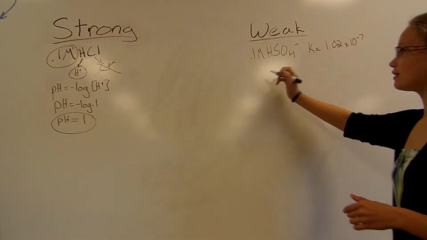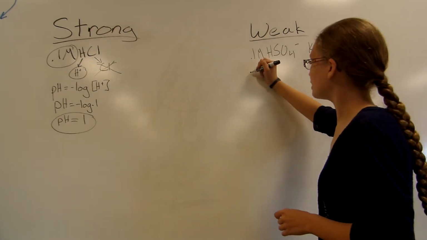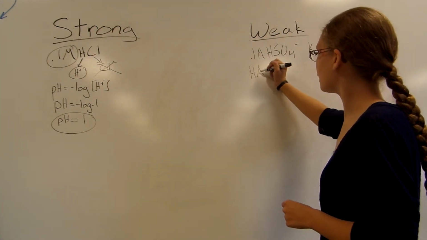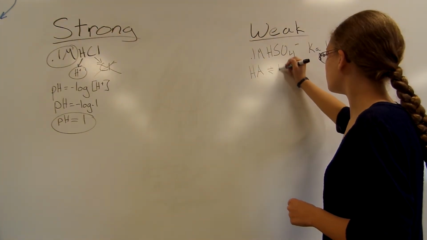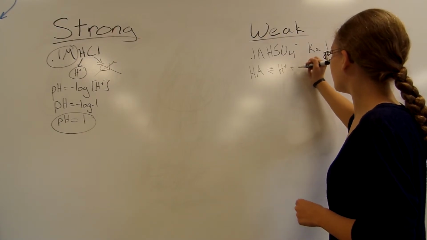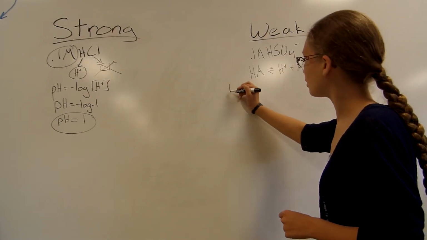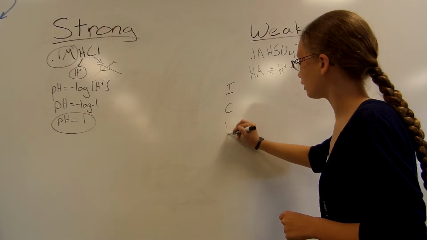So we're going to put this into an ice table with the generic acid. So we're going to go HA breaks up into H plus and A minus. We've got our initial, change, and equilibrium.